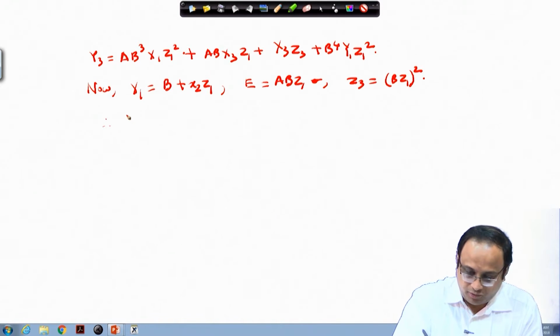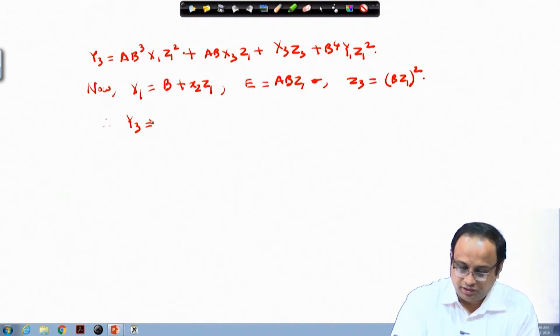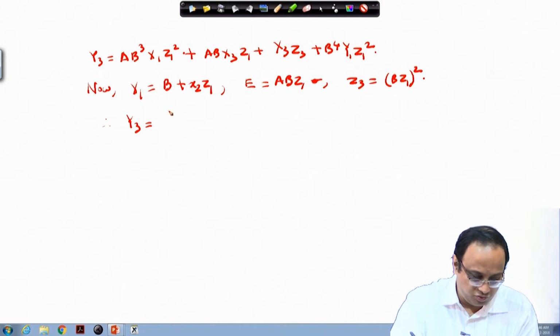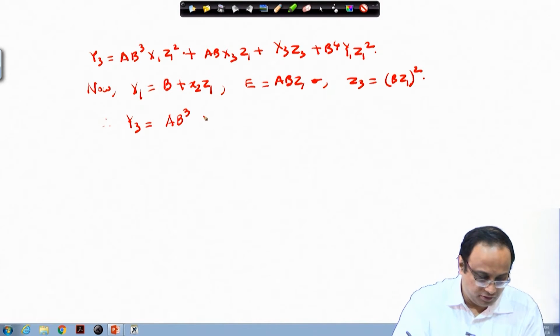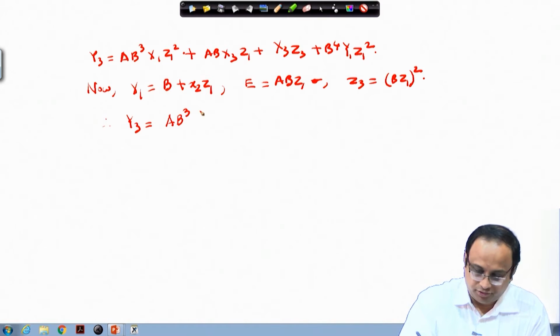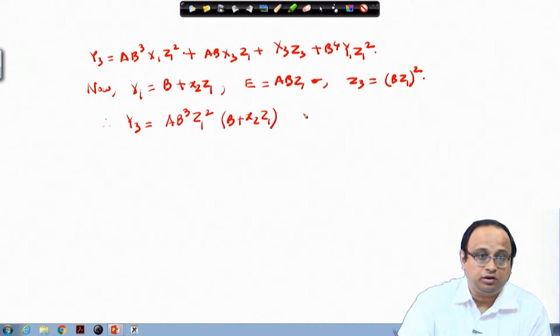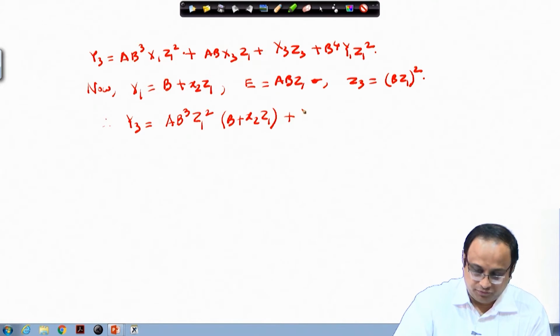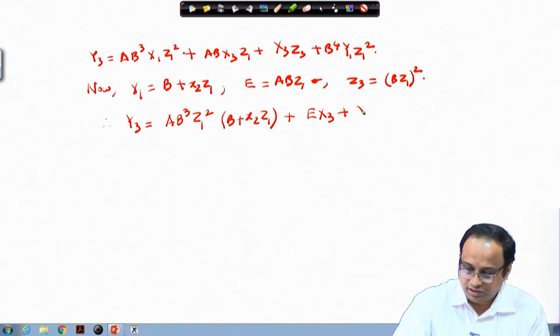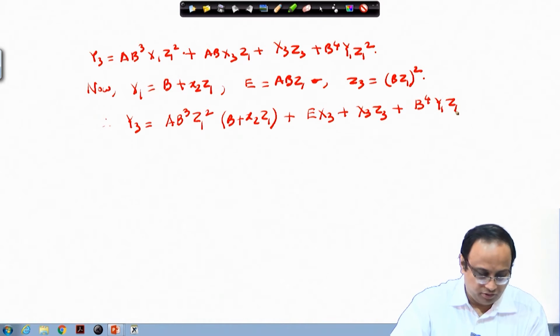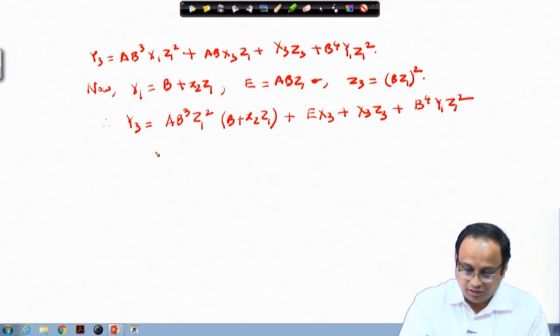So therefore, y3 is equal to a b to the power of 3 z1 square, and instead of x1 I can write b plus x2 z1, okay, plus E capital X3, plus x3 z3 plus b to the power of 4 y1 z1 square, okay.